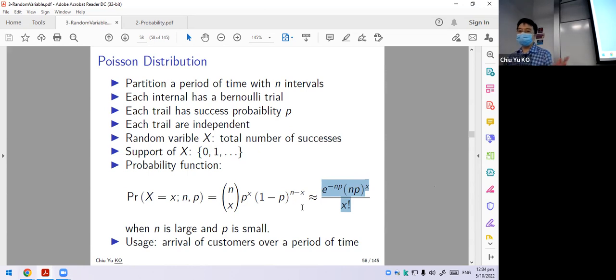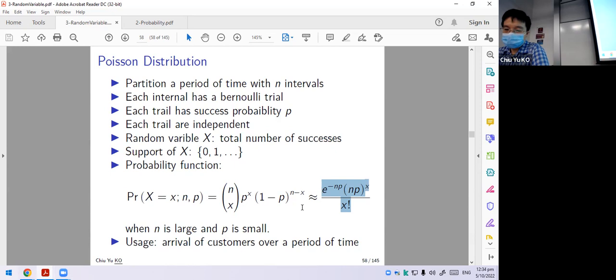It doesn't really matter how you divide the interval, because within a time interval, it doesn't matter how you cut it. If you cut it into a bigger n, you have a smaller p, and if you have a small n, you have a bigger p, if you consider the process. So that's why only n times p matters.